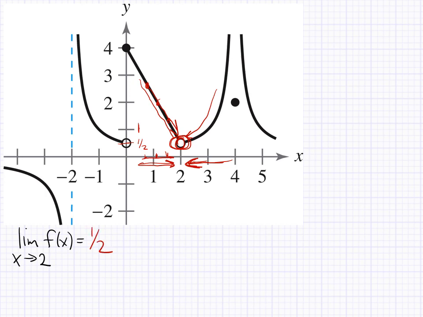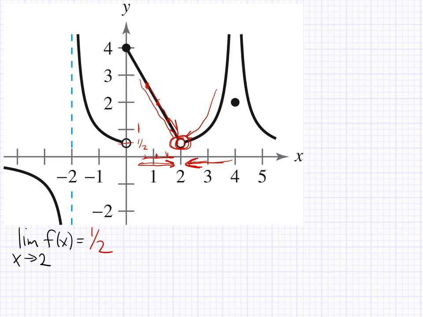just an estimate. This is in no way exact, which is the real main problem with doing limits by looking at graphs. They don't give you exact values necessarily for your limit. They give you an idea of how the function is behaving, and they give you an estimate as to whether or not the limit exists and what that value is, but you never really get the exact value.